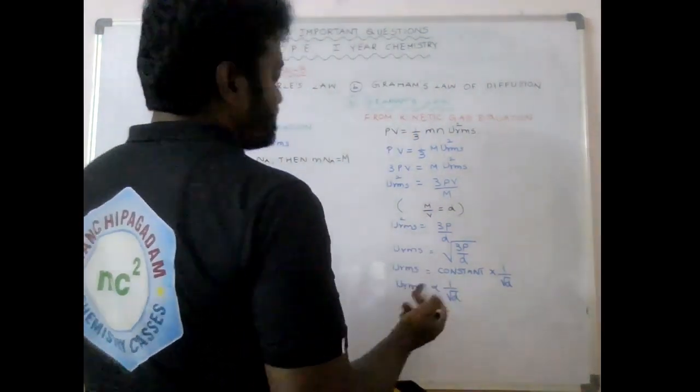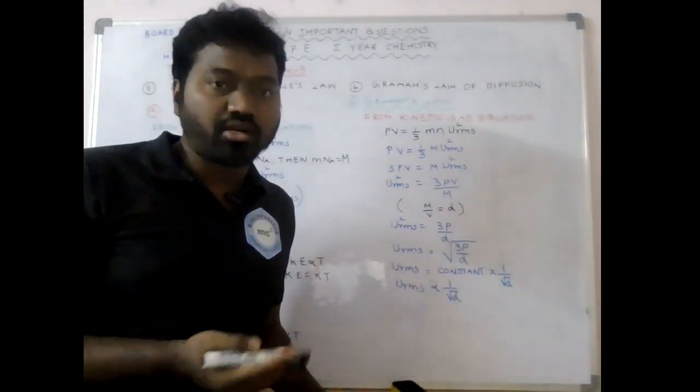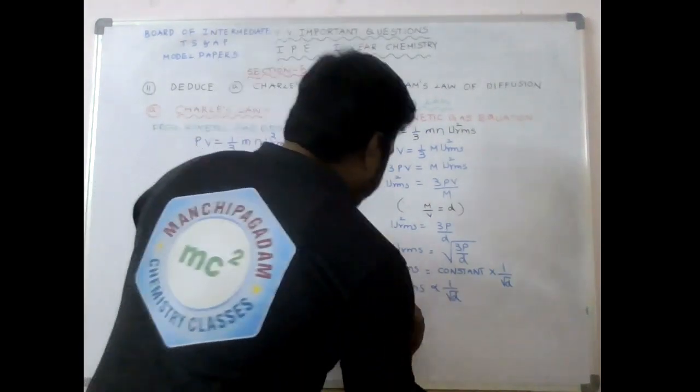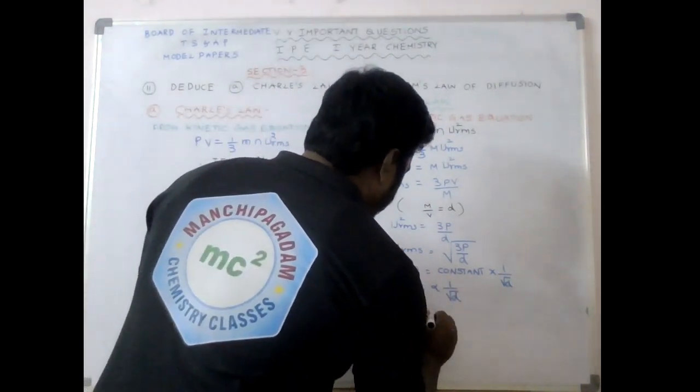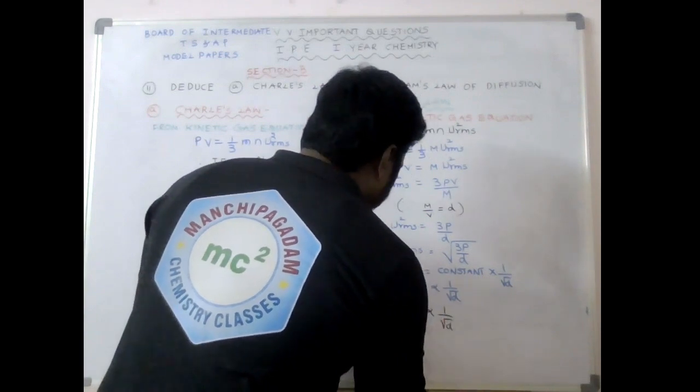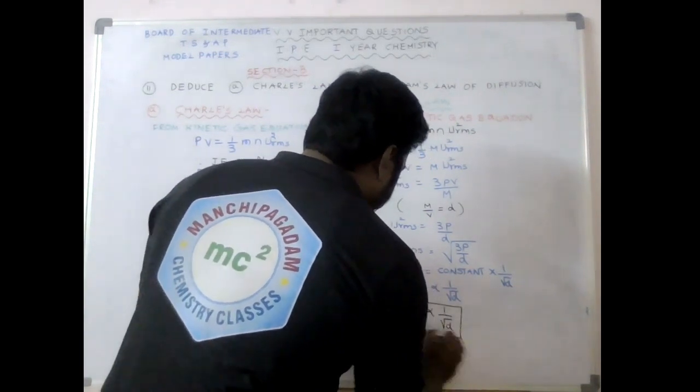So this speed of gas molecules is nothing but rate of diffusion. Therefore, R is the rate of diffusion, and R is inversely proportional to the square root of density.